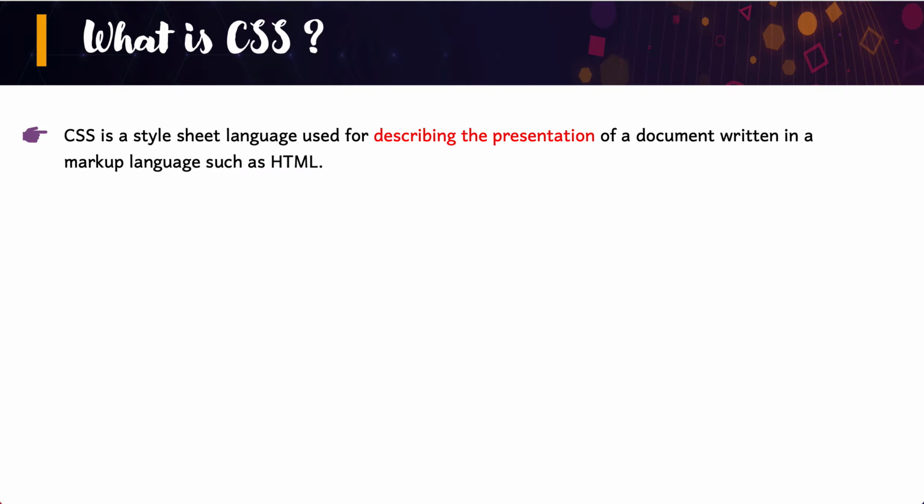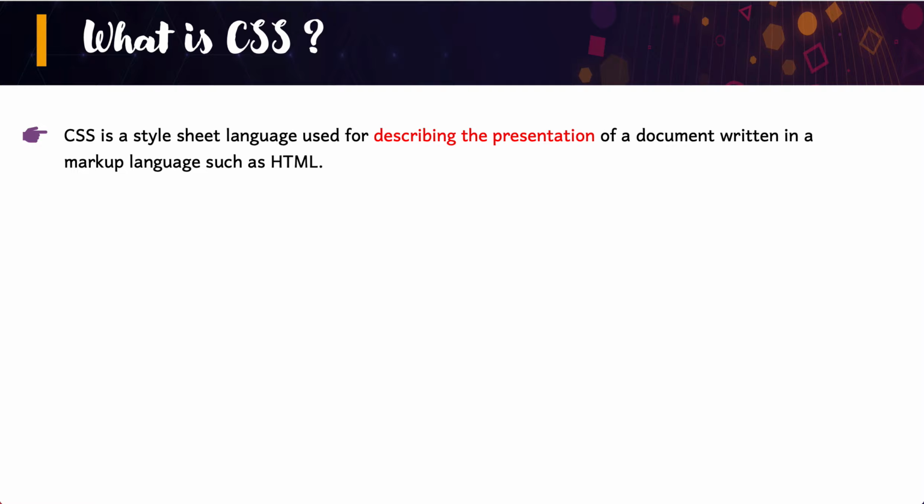What is CSS? Let's get some answers. CSS is a short form for Cascading Style Sheets. It's a style sheet language, a declarative syntactic language used for describing the presentation of a web document.